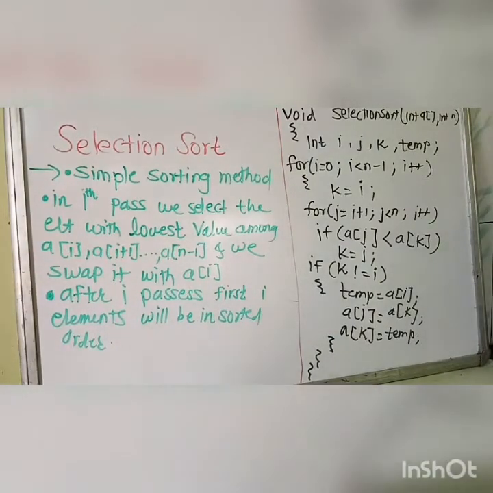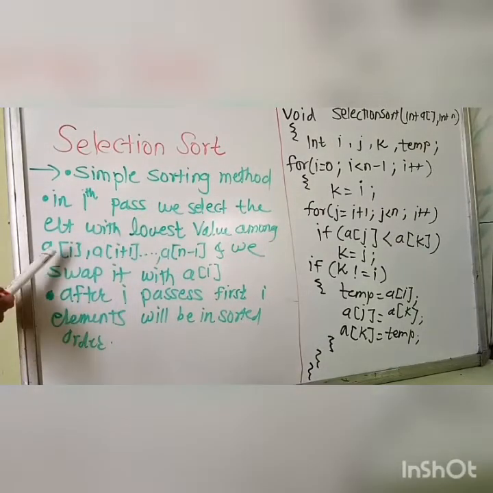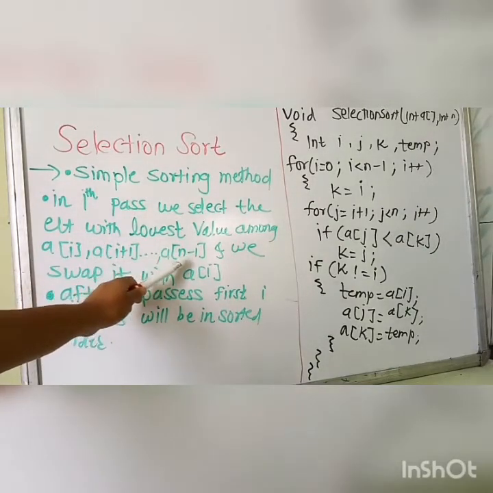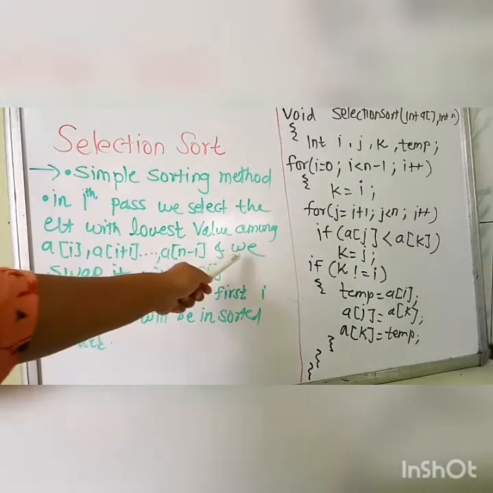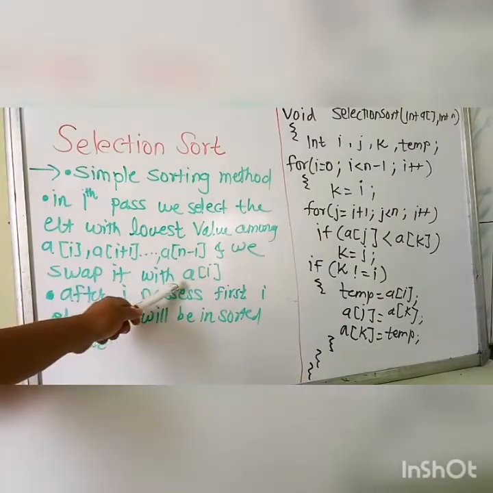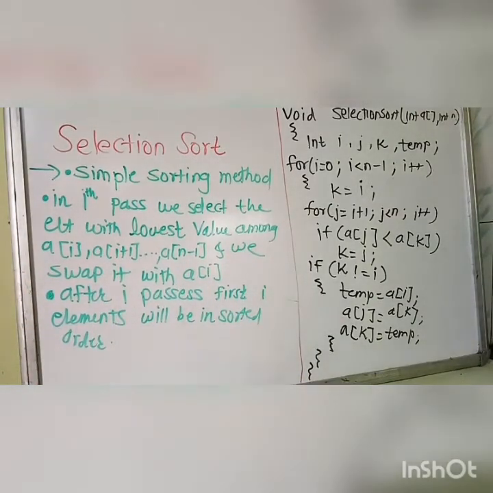The element having the lowest value among a of i plus 1 up to a of n minus 1. These are the indexes denoting the array elements a of 0, a of 1, a of 2 and so on up to a of n, and we swap it with a of i.